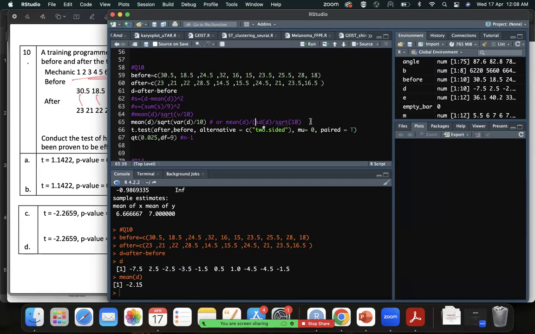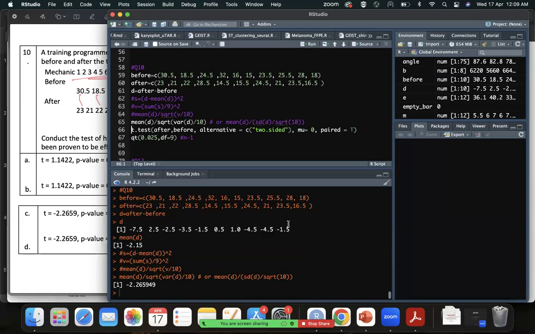So either way, you'll get the same answer. Okay, we run this. We are getting T observed is equal to minus 2.2659. Okay, anyway, we just have to calculate the T statistic here. So you do this T test.